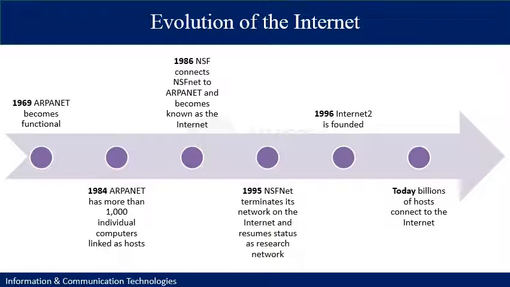After 1 year of that, the current version of the internet was founded, termed Internet 2.0. After that, the internet went public so that a common man can access and also participate in the internet as well. This saw a rapid growth in the internet, and today billions of hosts are connected to the internet.